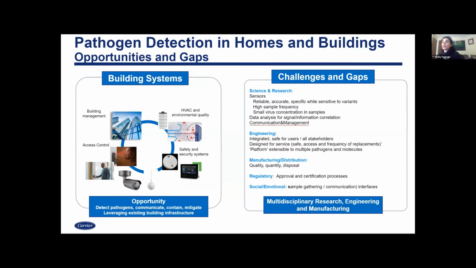Those sensors have a lot of scientific breakthroughs, not just from the sensing perspective, but also from the manufacturing perspective, right? So how we make sensors that are reliable, that are accurate, that are specific to certain virus, that will not have variations with temperature, with the level of humidity in a room, with the level of carbon monoxide, and so on.